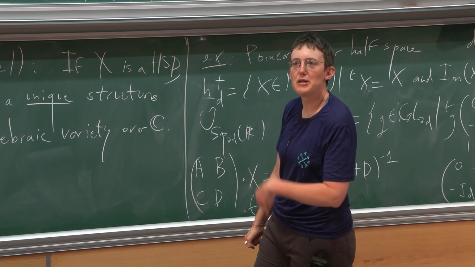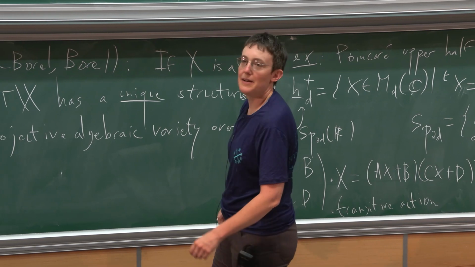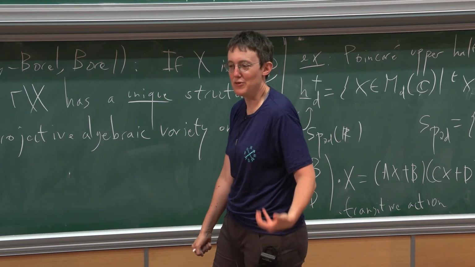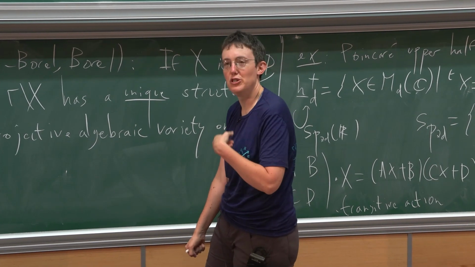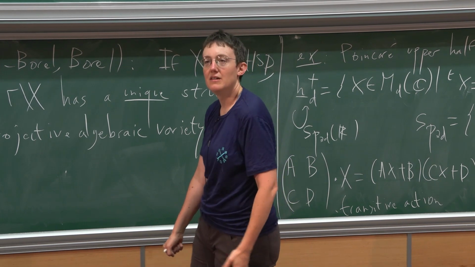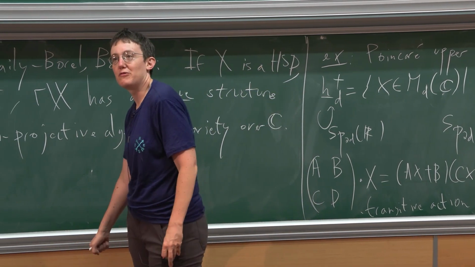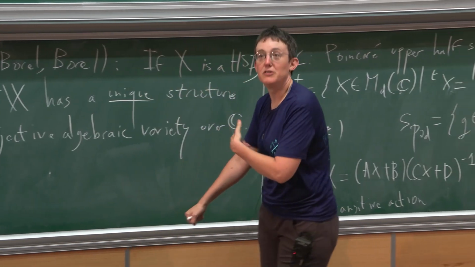Well, here it's an algebraic group, but if I want to do the adelic version, then I will say for every open compact subgroup K of G(A_F), M_K has a unique structure of complex algebraic variety and is quasi-projective.